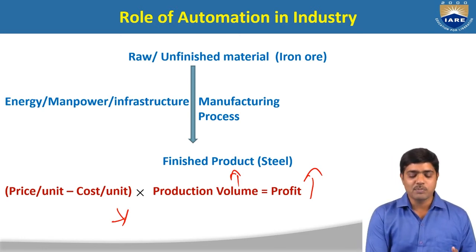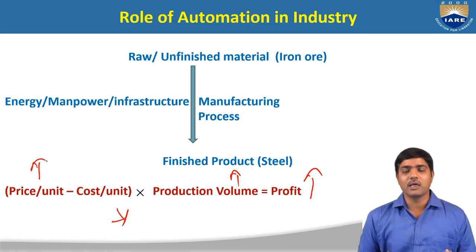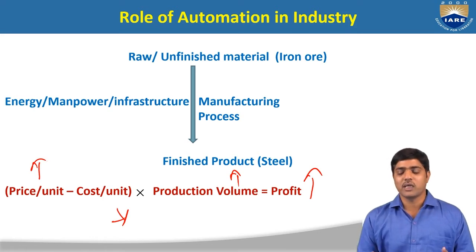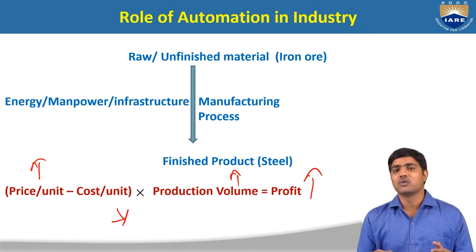And price per unit: if you increase the price per unit, then also you can increase the profit when you are selling in the market. But when you increase the price per unit, you have to take care of the quality of the product. If you maintain the quality of the product, then only people are going to buy your products, even if you are increasing the price. But it is not advisable.